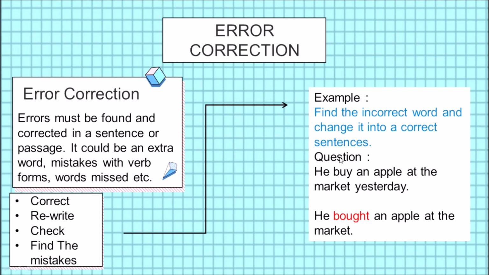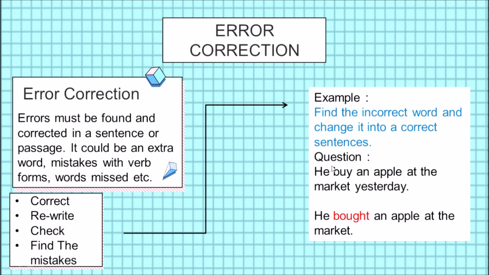This is the question: She buy an apple at the market yesterday. The adverb of time in the sentence is "yesterday", so this is past tense. And the verb is verb 1, or present tense, so the verb is incorrect.